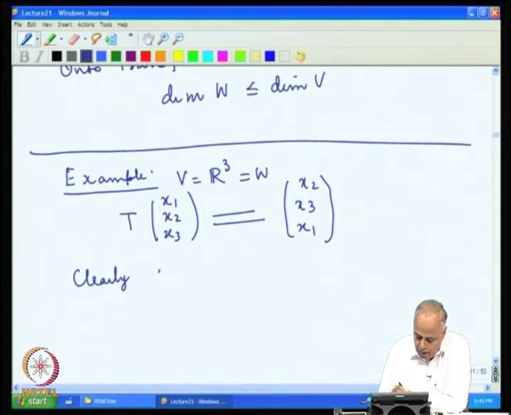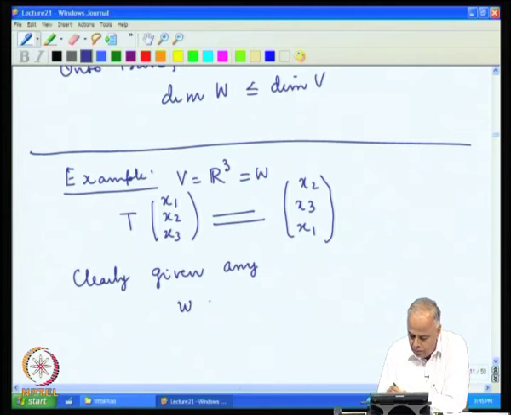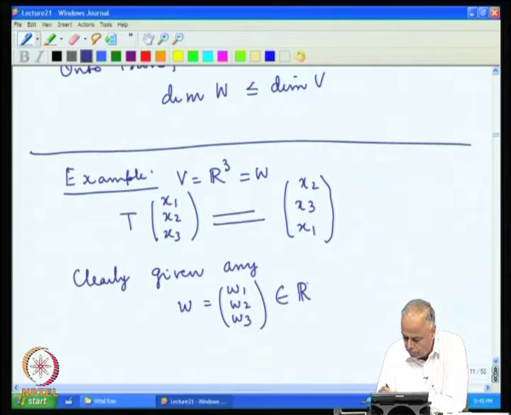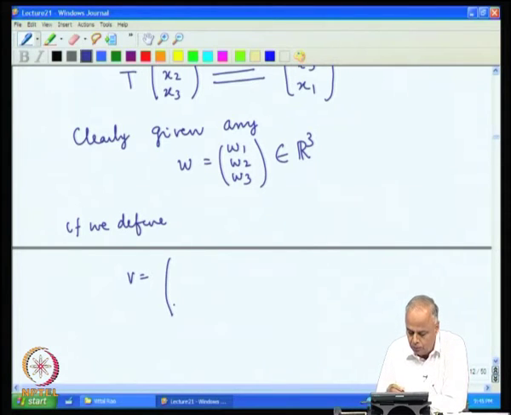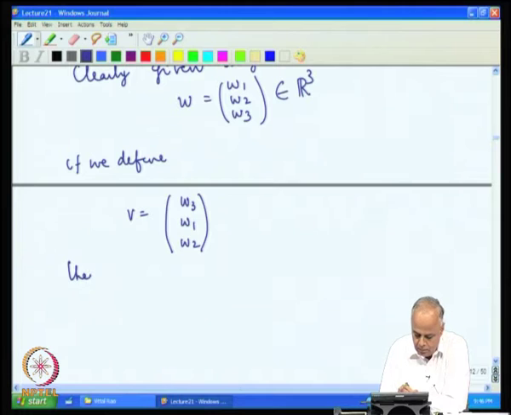So, clearly given any w equal to (w1, w2, w3) in R^3, if we define v equal to (w3, w1, w2), then we get T of v.